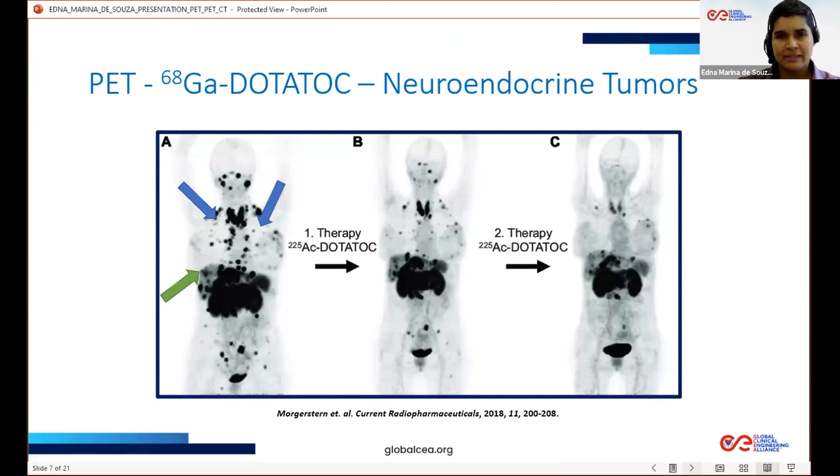You can see that the same molecule, in this case DOTA-TOC, is used for images and for therapy. The difference is the radionuclide, being the gallium-68, a positron emitter for diagnosis, and the actinium-225, an alpha emitter, interesting just for therapy, right? But our focus here is just images.